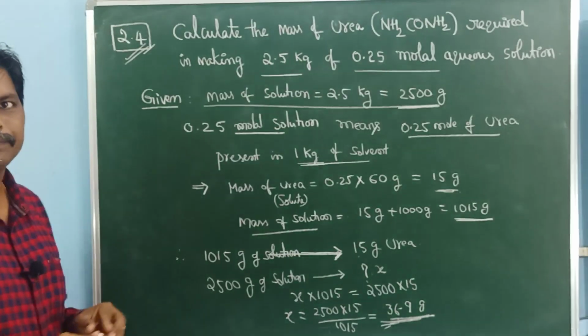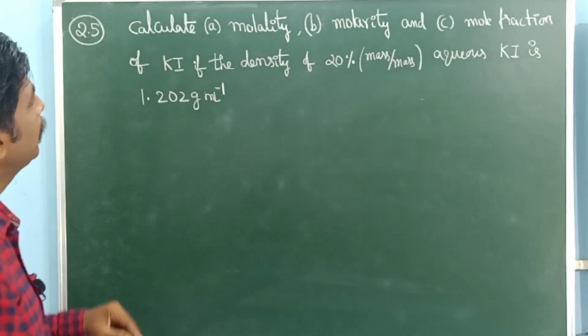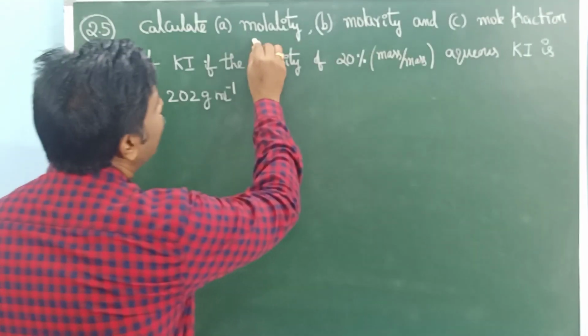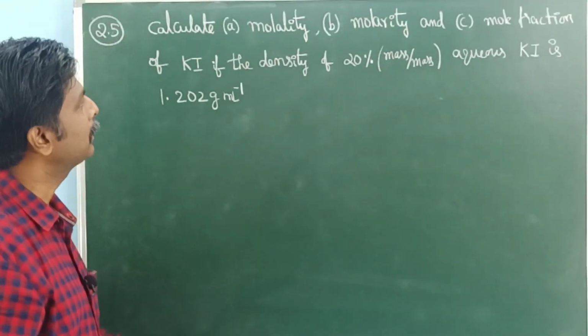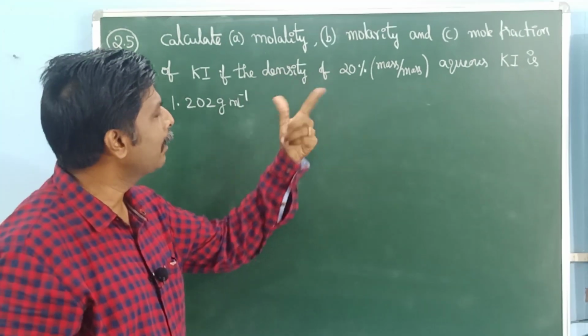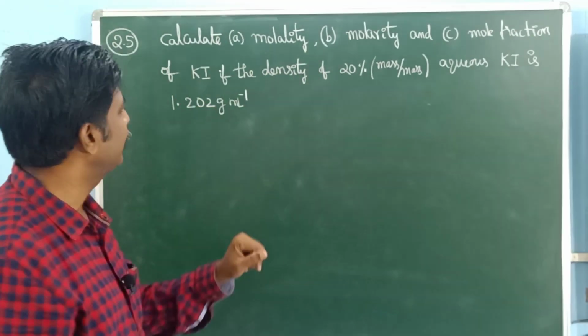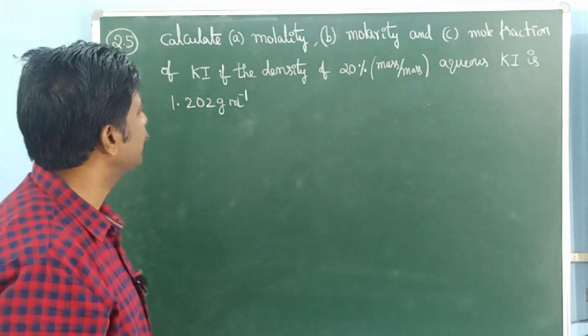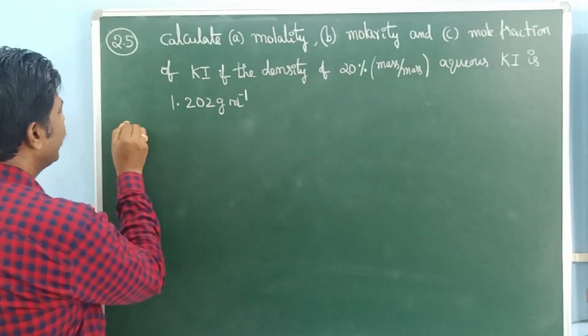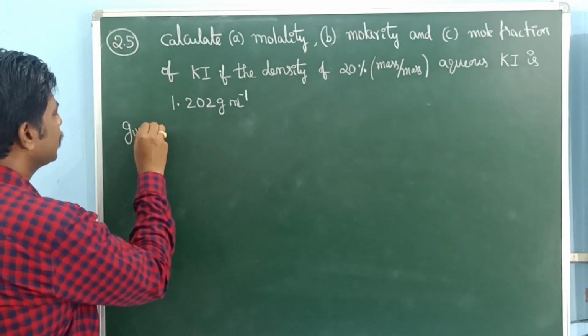Okay, next one is 2.5. Calculate molality and mole fraction. Here there are three terms: molality, molarity and mole fraction of KI. The density of the 20% mass by mass aqueous solution is given in this question.